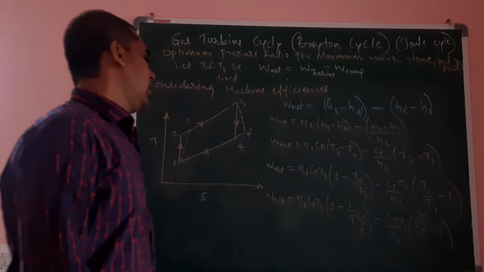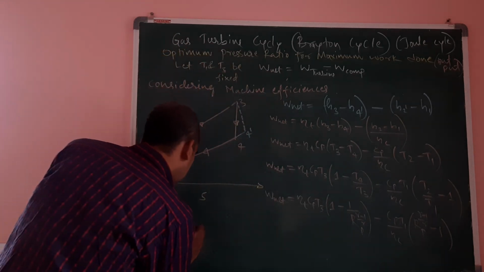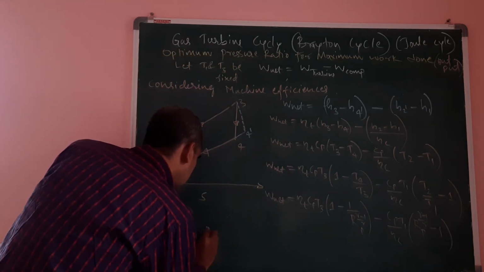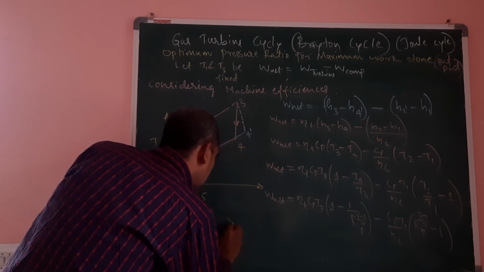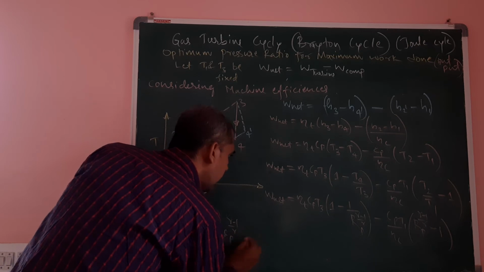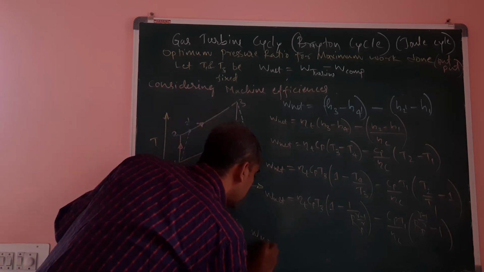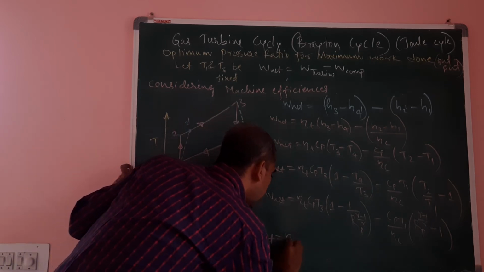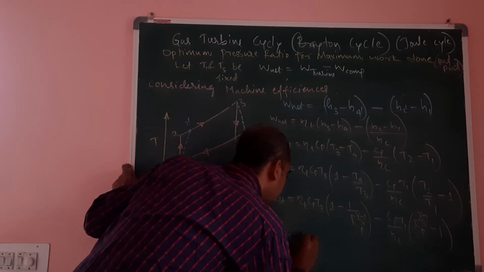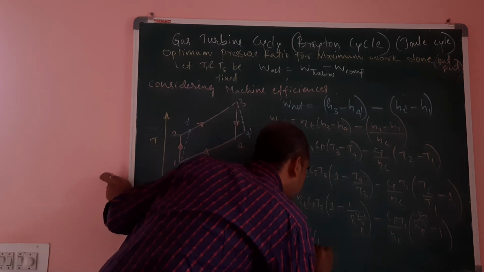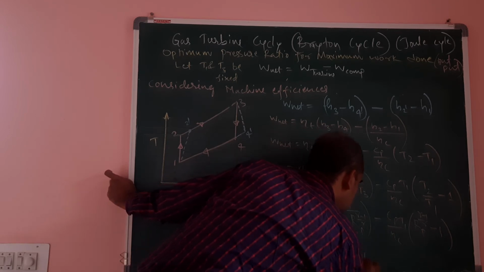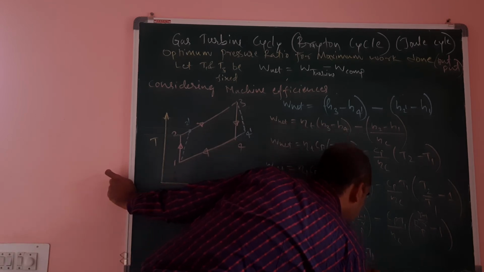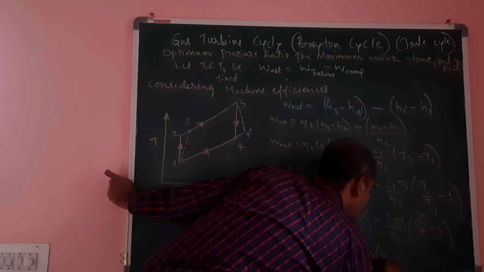Let y be equal to Rp raised to gamma minus 1 by gamma. Therefore, W net is equal to eta of T into Cp into T3 into bracket 1 minus 1 by y, minus of Cp into T1 divided by eta of C into y minus 1.